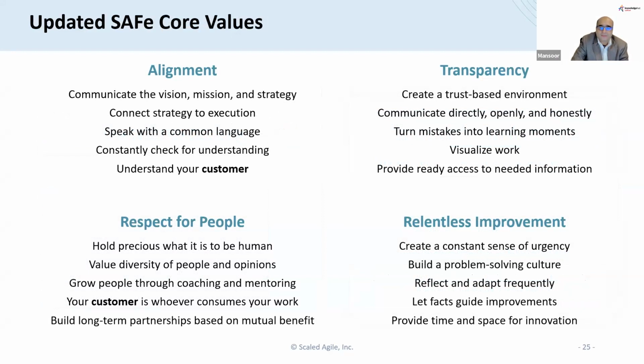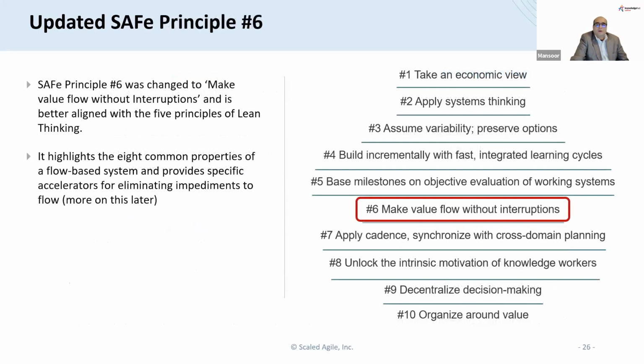In 6.0, respect for people is basic human needs, treating people respectfully, unlocking their intrinsic motivation to learn and grow, evolve their practice, contribute to their business and customer outcome, and critically, everyone who consumes our work is treated as a customer and someone we build the product for. A long-term relationship is important. So transparency, relentless improvement, respect for people, and culture and alignment play a very important role.